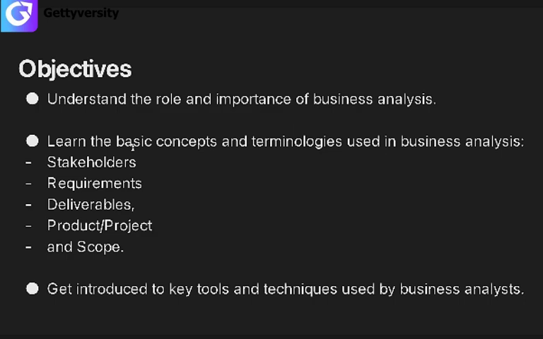So now we are moving on to scope, right? The terminologies of scope used in business analysis. Scope refers to the boundaries and extent of what a project will deliver. It includes all work required to complete the project successfully and achieve its objectives.